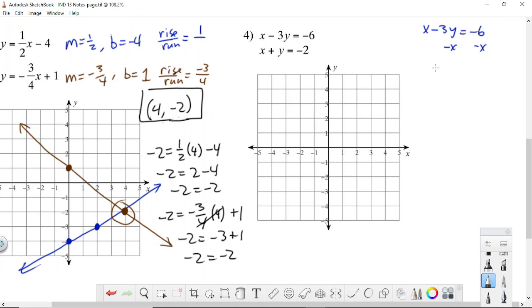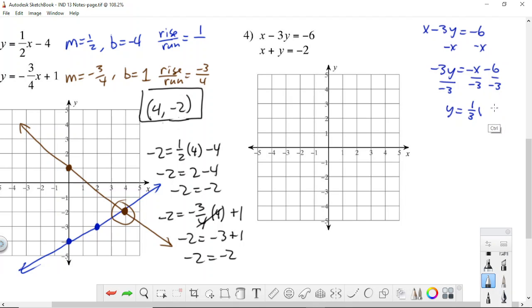And so we get -3y equals -x minus 6. Divide both sides now by -3. And that means divide each term, of course, by -3. And so we get y equals, and negative divided by a negative is positive, positive x over 3, which we're going to write as 1/3 x.